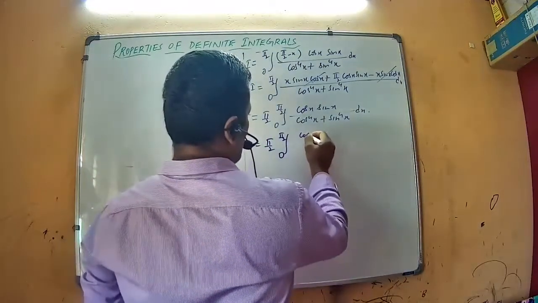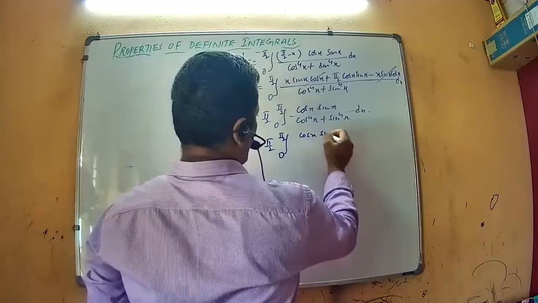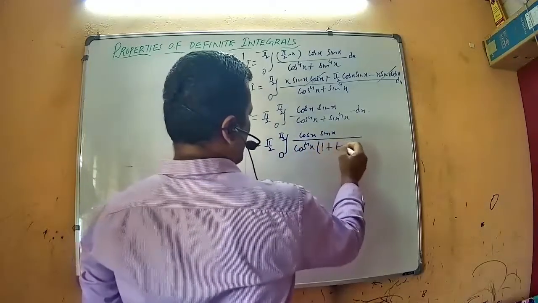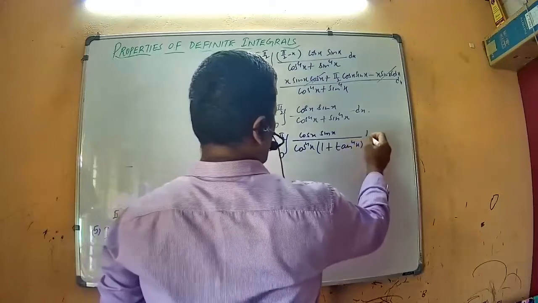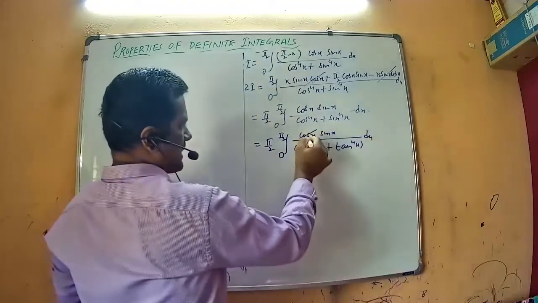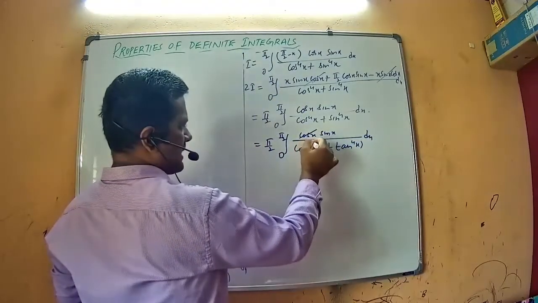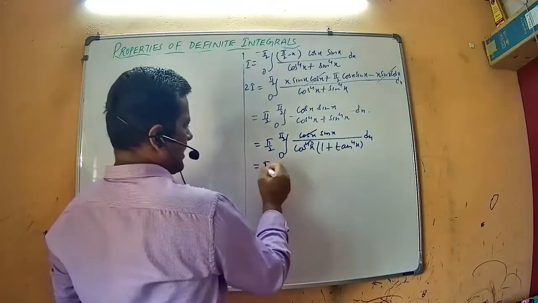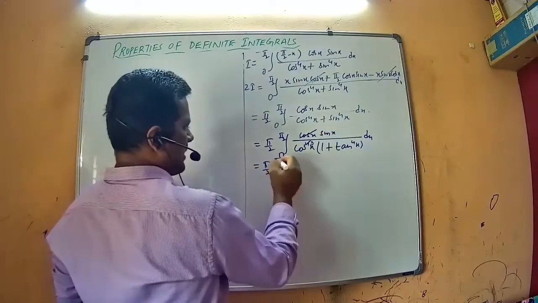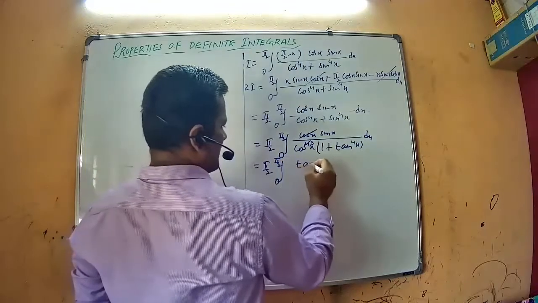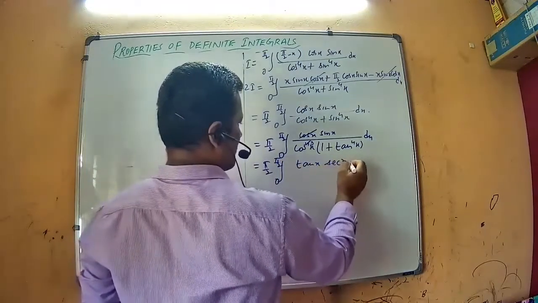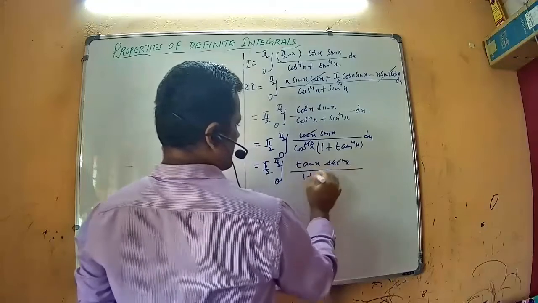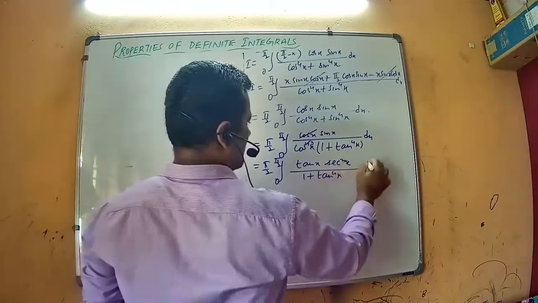So this is cos x sin x by cos power 4x common, and you are left with 1 plus tan power 4x dx. Here one cos x will get cancelled, so this is sin x by cos cube x, which is nothing but tan x into secant square x. Tan x into secant square x by 1 plus tan power 4x dx.